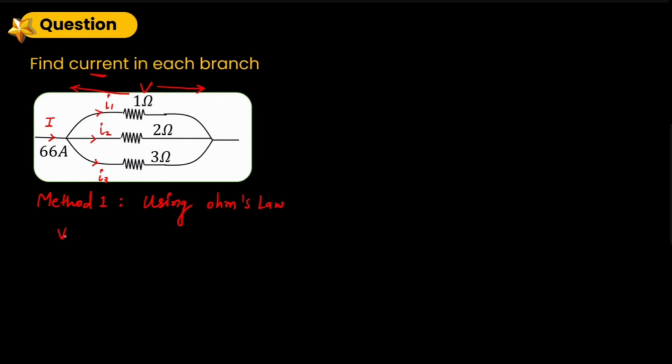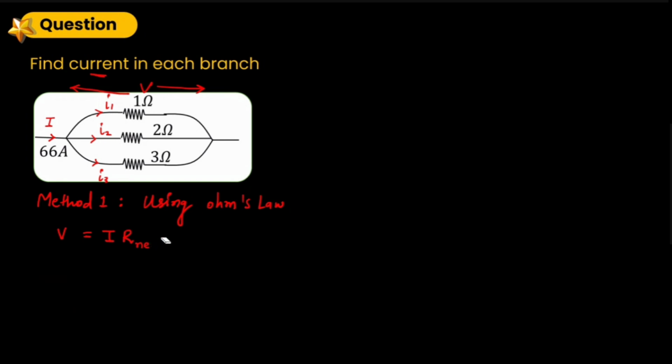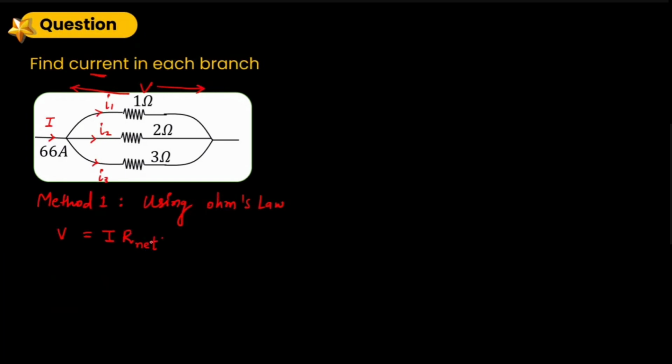That potential is nothing but I times R, where this R is R net. So how can we calculate the net resistance in the circuit? By using the parallel combination rule.